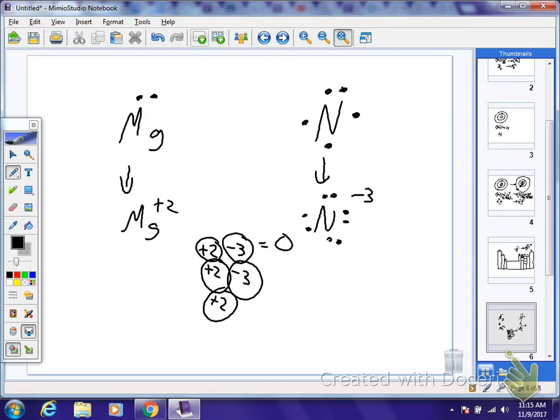Okay, let me bring the math in. What would this formula be then? Mg3N2. Okay, so instead of doing this, let me bring in this thing you do in math. When you add 1/2 plus 1/3, what do you need to do?